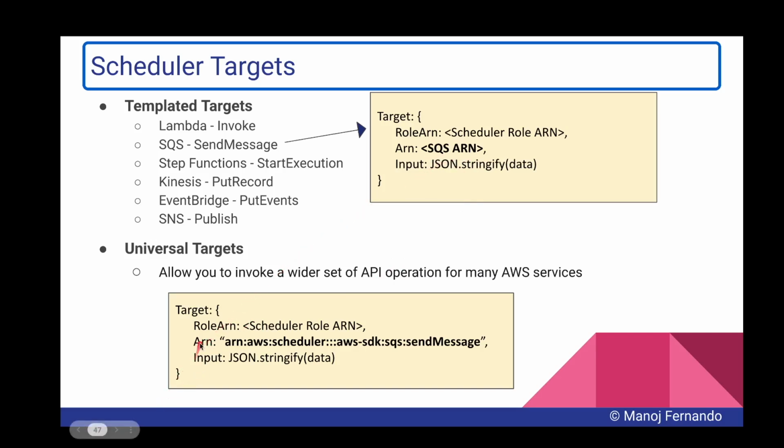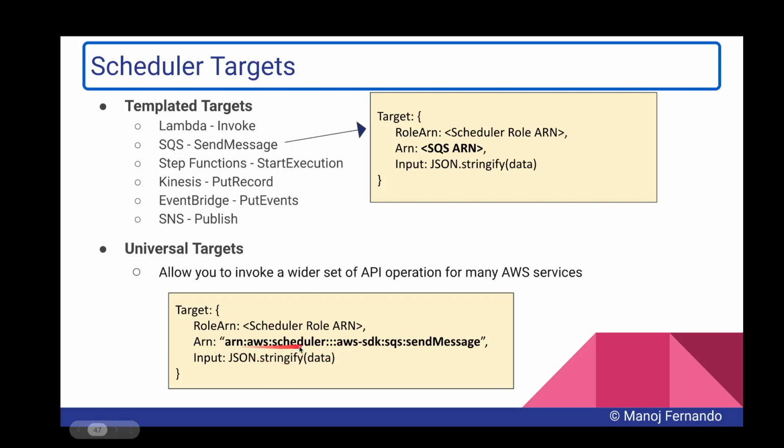But when we are defining it as a universal target, the format is something like this: arn:aws:scheduler:::aws-sdk:sqs:sendMessage. This is the API operation that we want to invoke. It's the SendMessage of SQS in the AWS SDK.